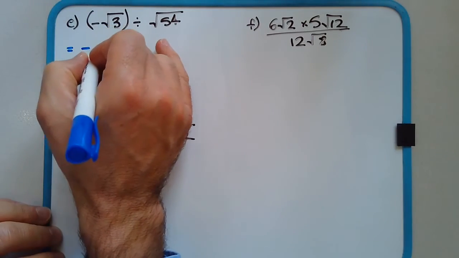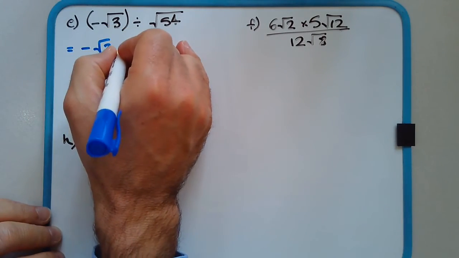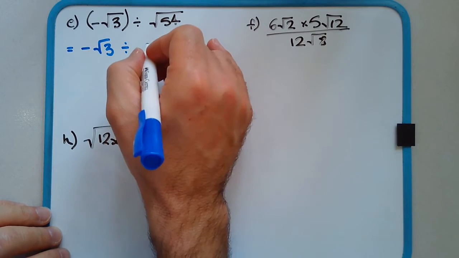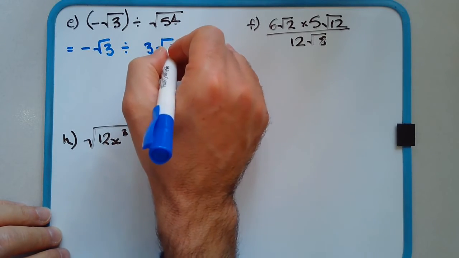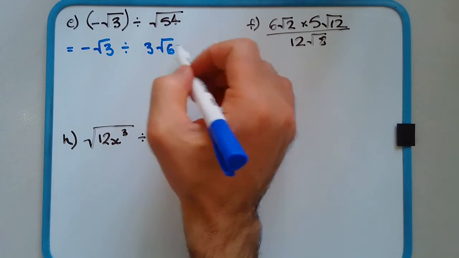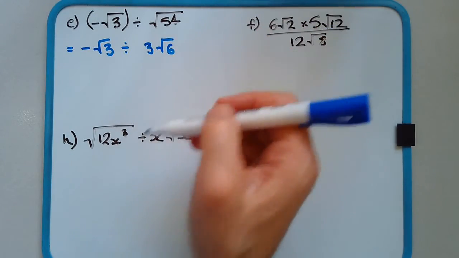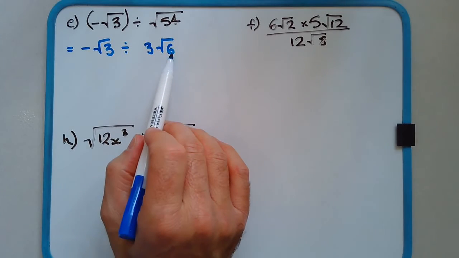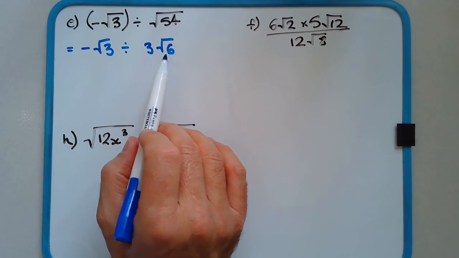So that's negative root 3 divided by, now that's 3 root 6, isn't it? Okay, so I've skipped the step of simplifying the 54 to show you the steps in the simplification. I've just simplified it directly there. 3, if you put it back inside the surd, that becomes 9. So 9 times 6 is 54.